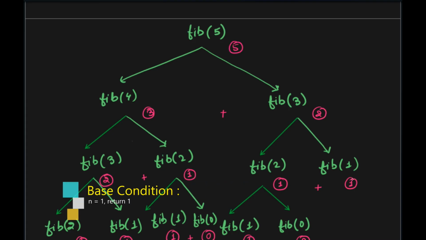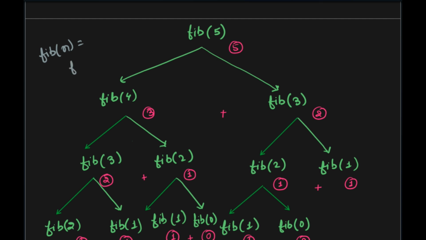So Fibonacci of 5 is 5, as our formula says, Fibonacci of n is equal to Fibonacci of n minus 1 plus Fibonacci of n minus 2.